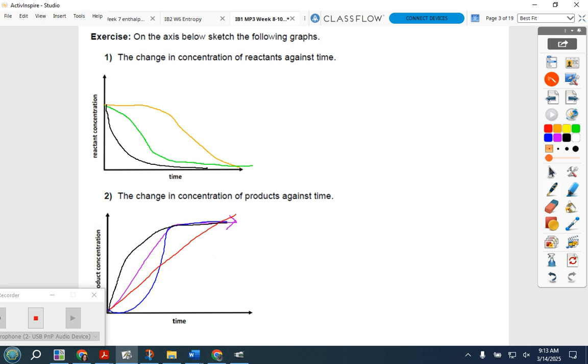Okay, so the black line is what typically tends to happen. Why would it start off faster and then slow down? We're going to answer this question later, but I want you to think about it.